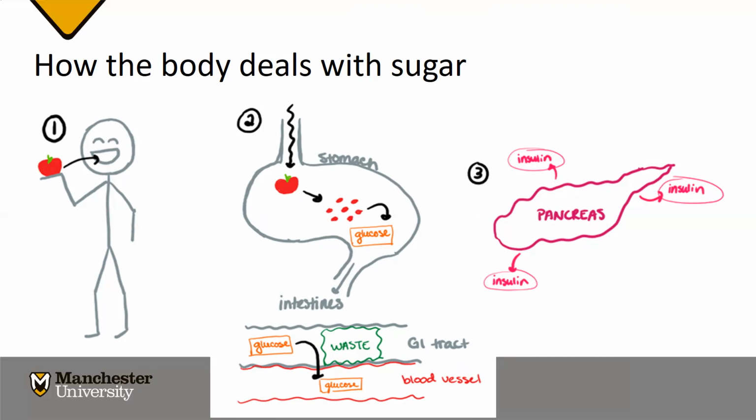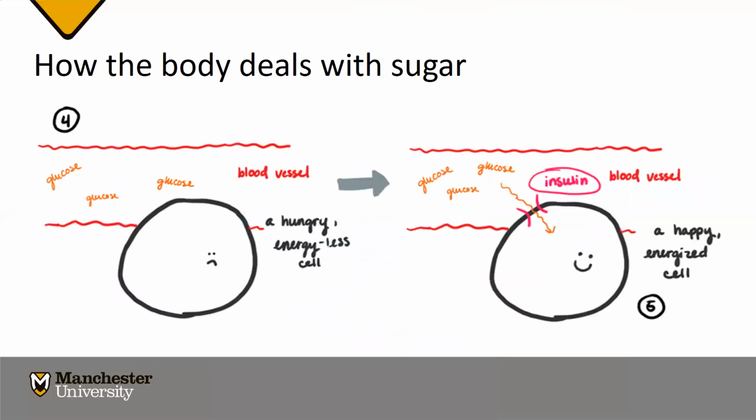Once it's in the blood vessels, your body recognizes the elevated blood glucose, and your pancreas comes in and secretes insulin, which allows the glucose in the bloodstream to be taken up by cells along your blood vessels. So when insulin is secreted, the glucose comes in, which then balances your blood glucose.